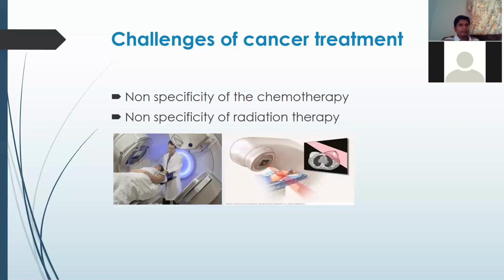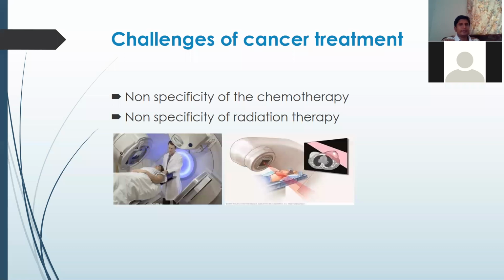Now, you might have seen some patients that are on routine chemotherapy. And if you see those patients, you might have observed that they become weak in a shorter span of time. The reason is that they are taking the chemotherapeutic drugs.